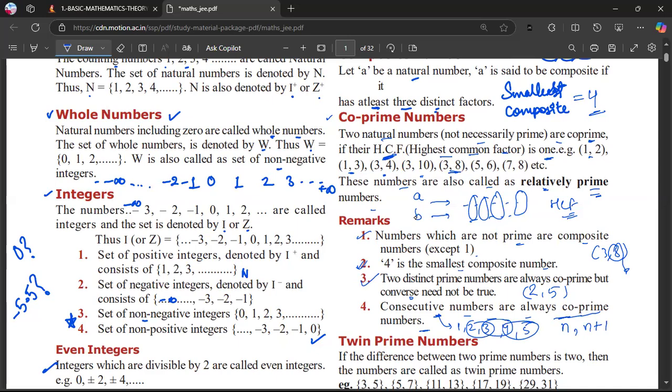The factors are not going to match. This is one point to note, right? We can take examples of 1 and 2, 2 and 3, 4 and 5, 18 and 19, 90 and 91. They are all co-prime because they do not have common factors. Clear? What is co-prime? Yes, sir.